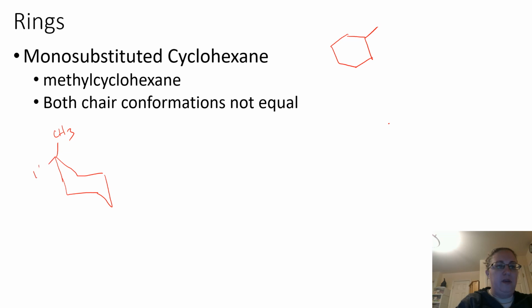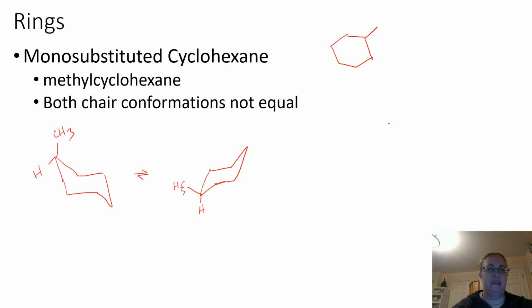We can put the methyl group in one of them in the axial position, where if I do my ring flip for this structure, to keep the methyl group on the top of the structure, that methyl group now becomes equatorial. So this would just be the ring flip for a methyl cyclohexane.